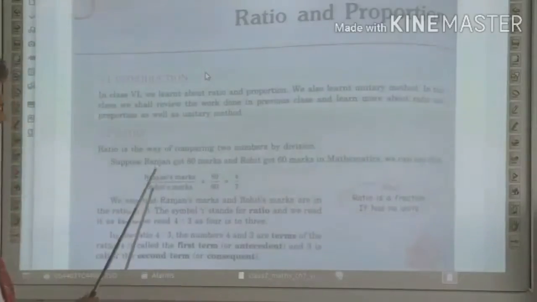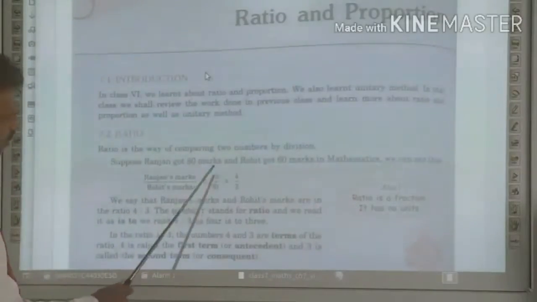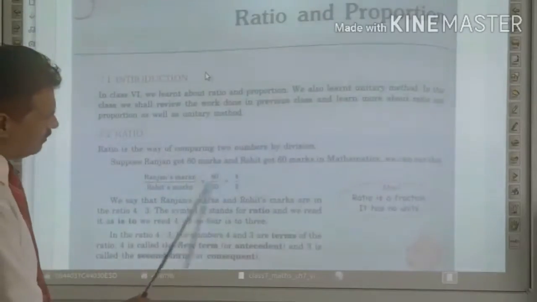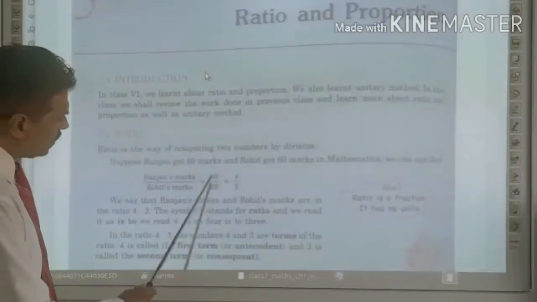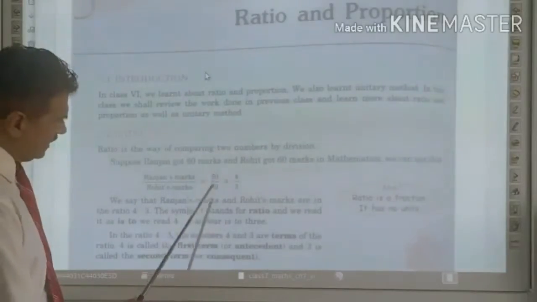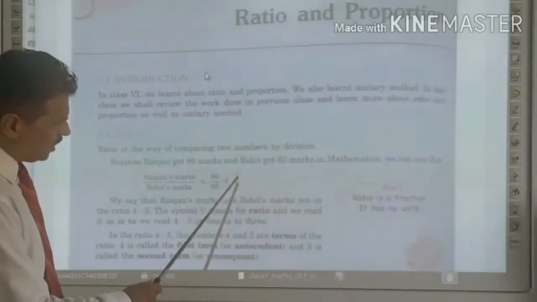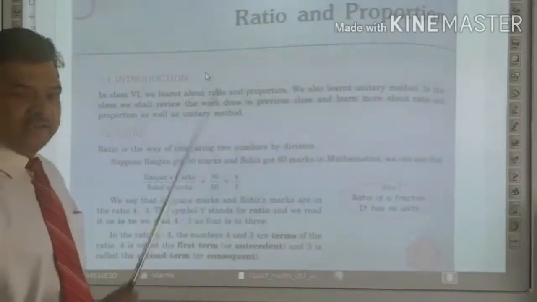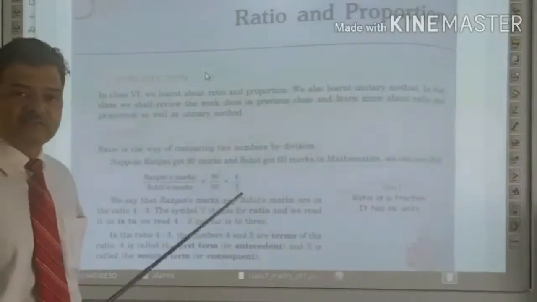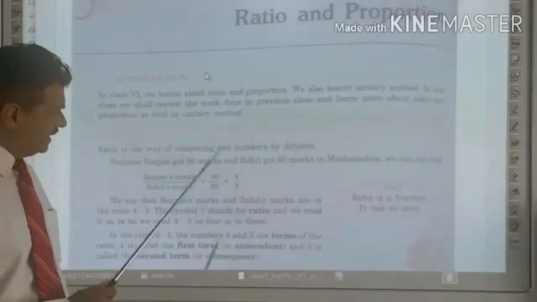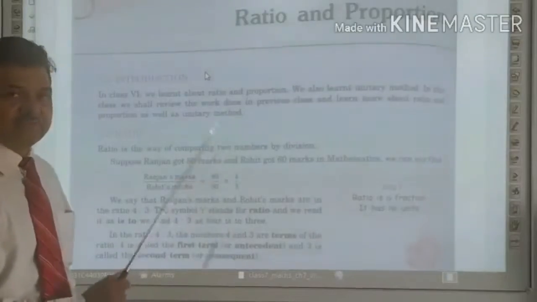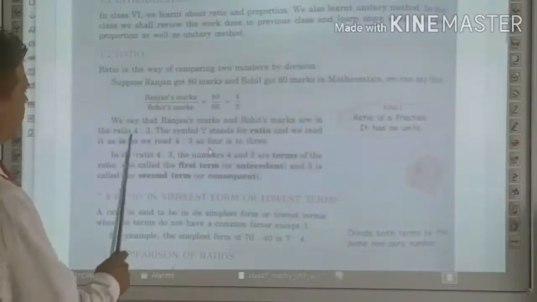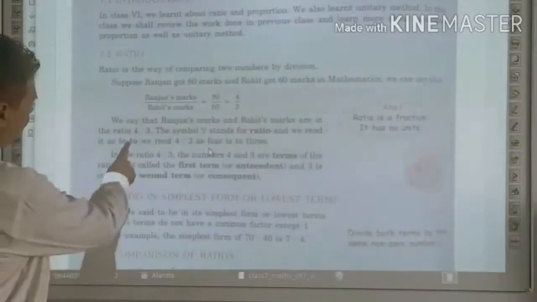Then the ratio of Rajan and Rohit is 80 upon 60, and when we cut these by 20, we find 4 upon 3. So we can say the ratio of mathematics marks of Rajan and Rohit is 4 by 3, which means 4 ratio 3.